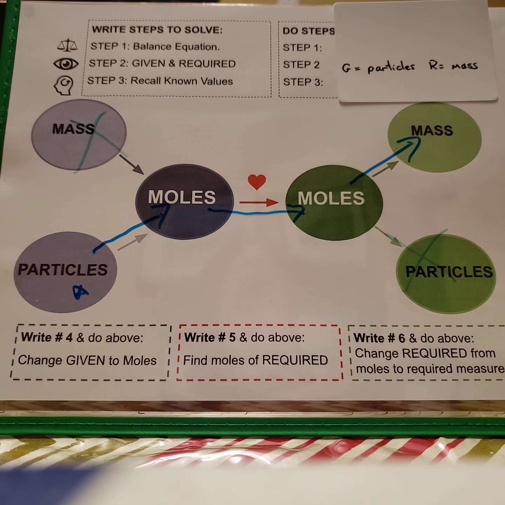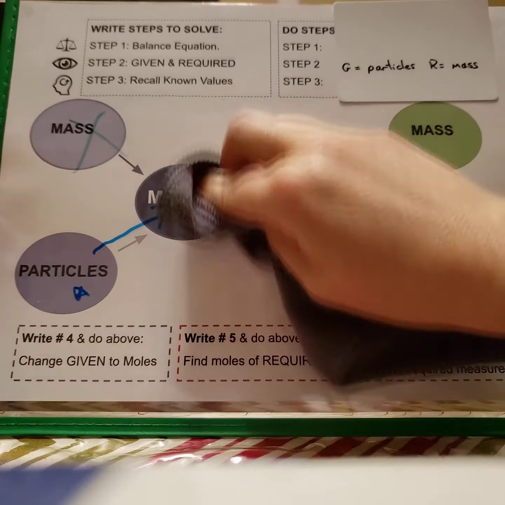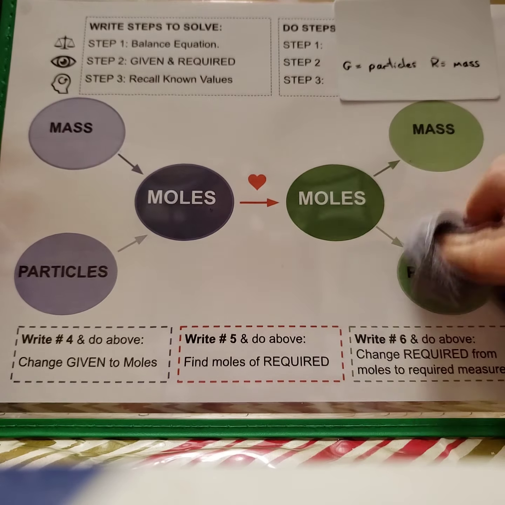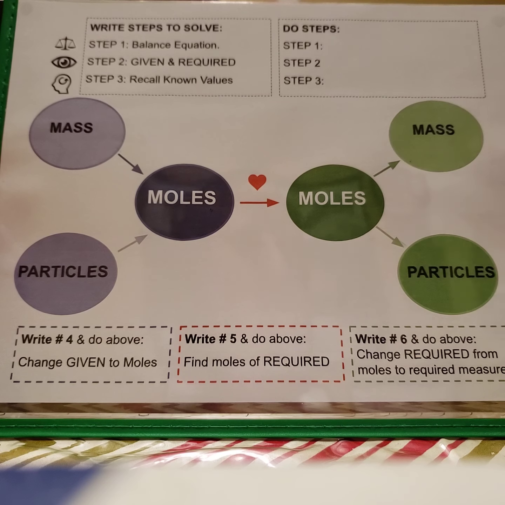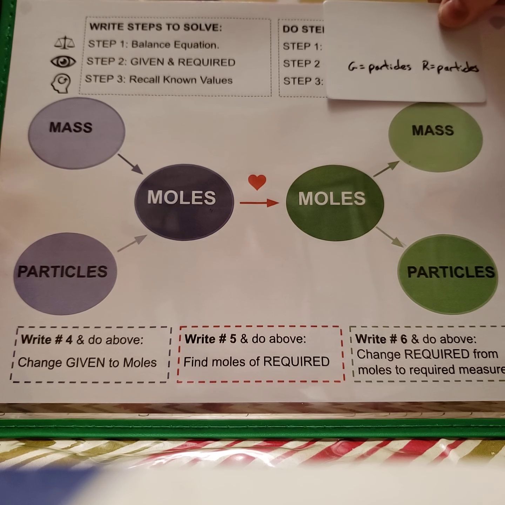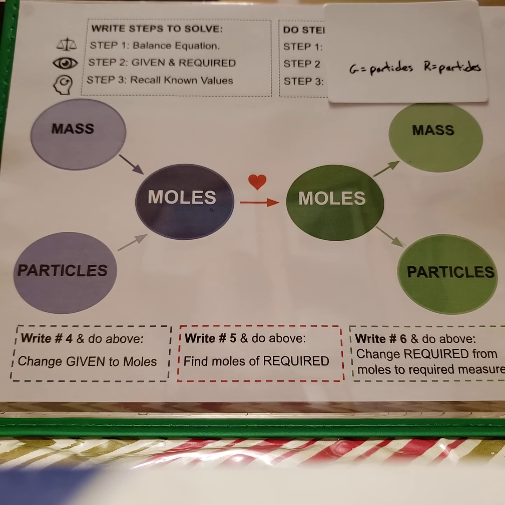And if we take a look at a different problem and follow this route slightly differently, all right, so if we take a look at a problem where the given is in particles and they also want the required in particles, it is always easier to go through the mole ratio. So please always just take the route through here.